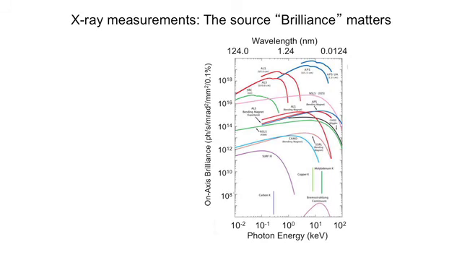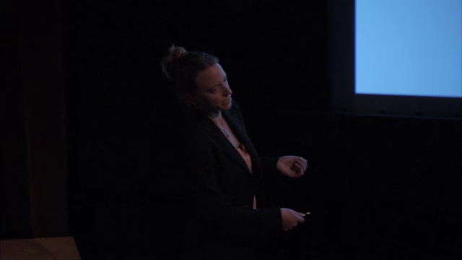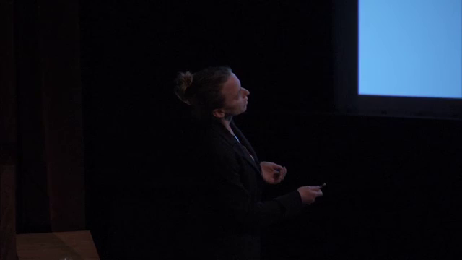So if we took a conventional source of X-rays, so we're going to focus mostly on X-rays, those are characterized by low brilliance. In this plot here, the important thing to note, it's a little bit fuzzy, is that the curves down below are conventional X-ray sources that can be found in a laboratory, say on campus here or other campuses.